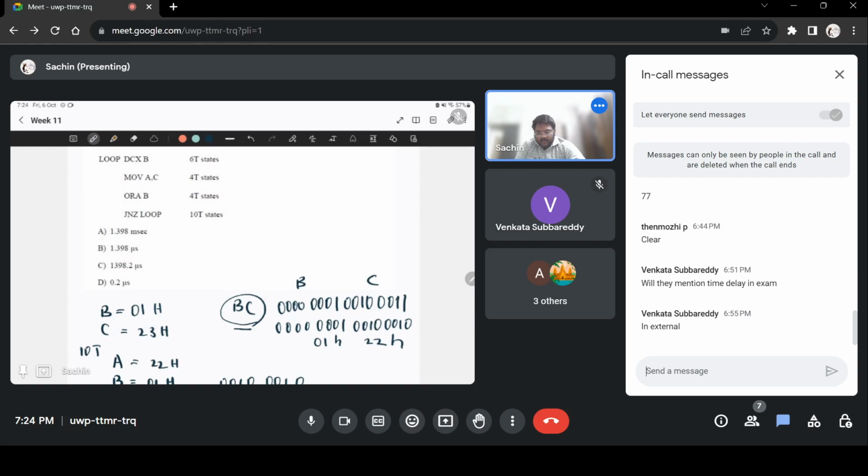The zero flag is set if the result obtained after an operation is 0, or following an increment or decrement operation of that register.